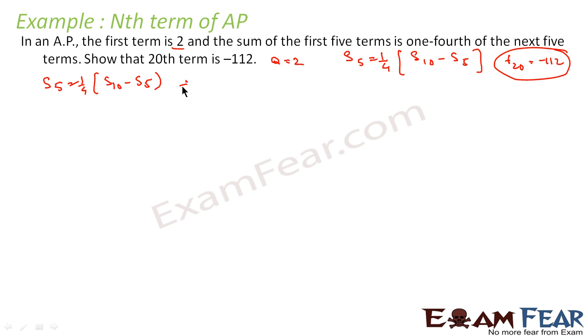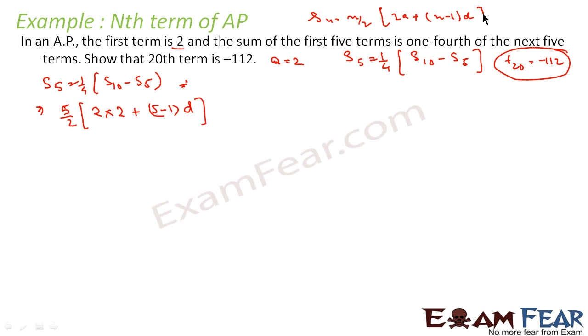We'll write here S5 is equal to 5/2 into 2A is 2 plus n minus 1, that is 5 minus 1 into D. D we don't know, right? Because Sn is equal to n/2 into 2A plus n minus 1 D. So here A is 2, and the expression is equal to 1/4 of S10 minus S5.